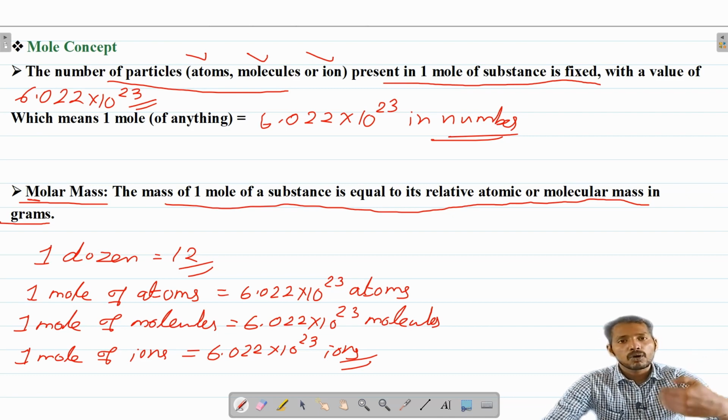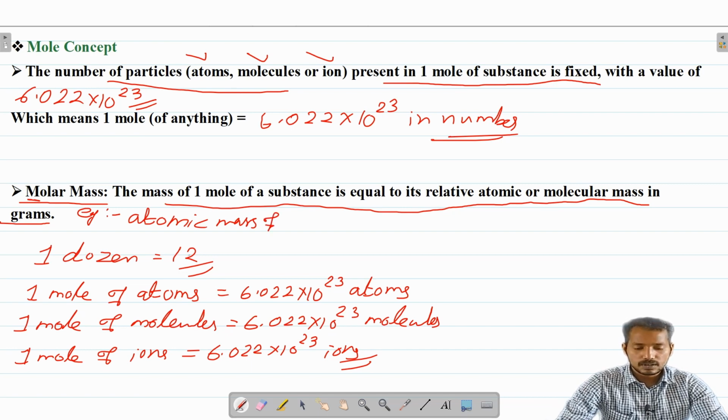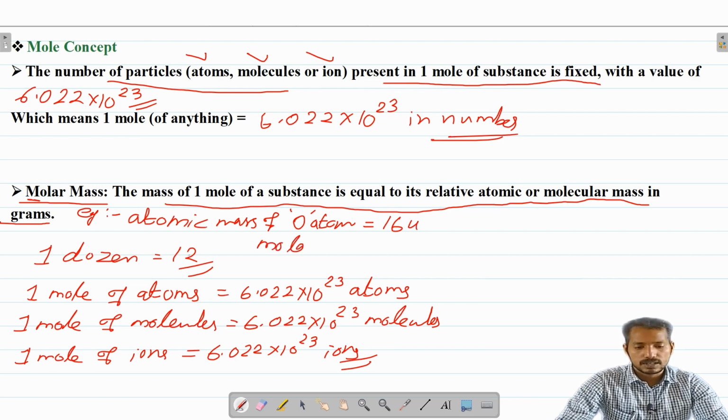Because to get the molar mass, for example, the atomic mass of an oxygen atom is equal to 16 U. So the molar mass of oxygen atoms is equal to 16 gram.